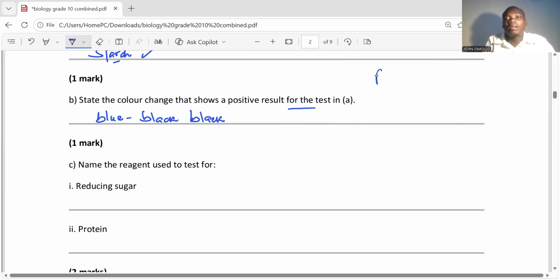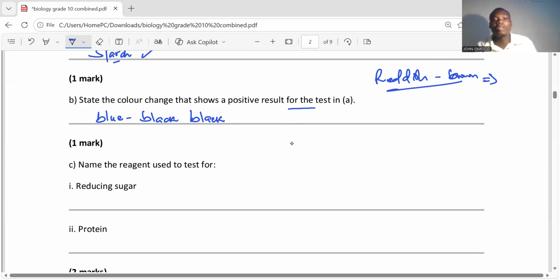Remember, iodine is reddish-brown or yellow-brown. When it is tested for starch, the reddish-brown color changes to blue-black. So that is a positive result. Why is it positive? Because we have tested for starch and we have seen that starch is present.